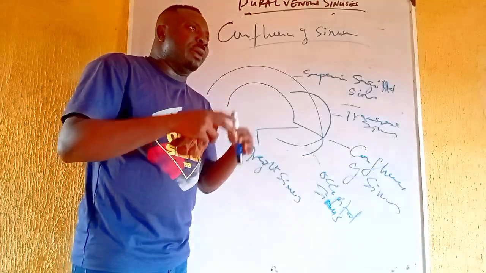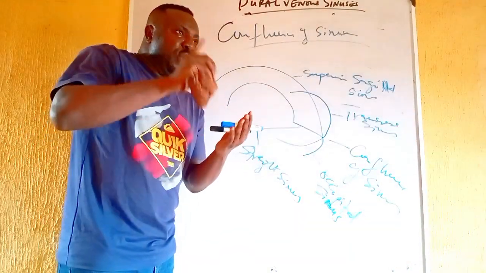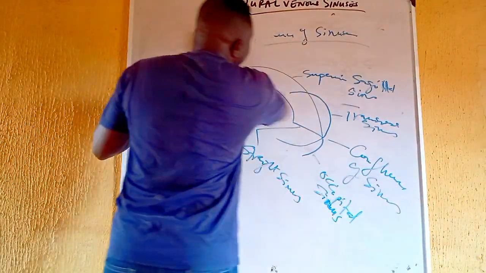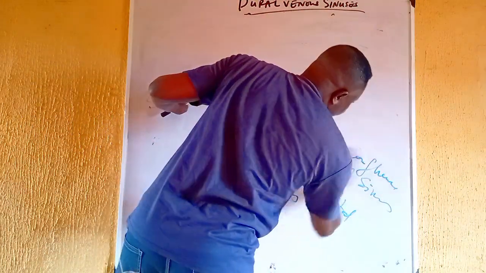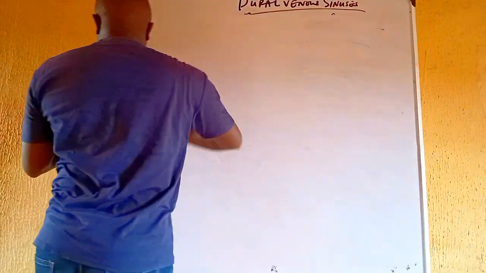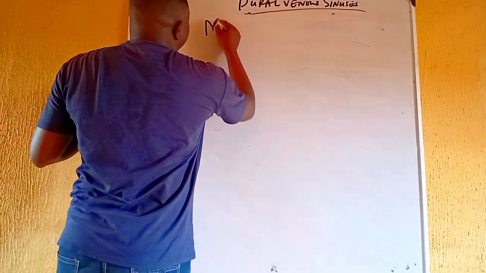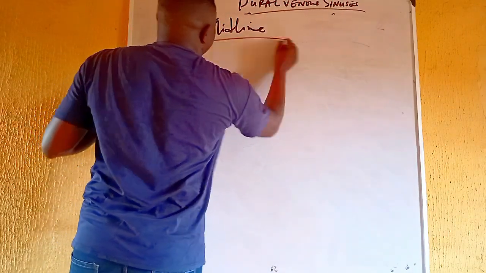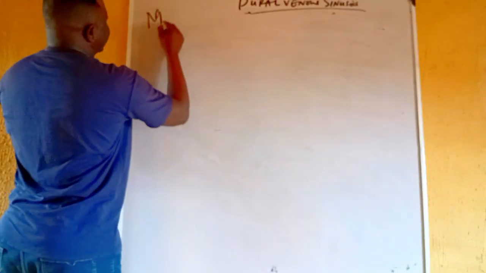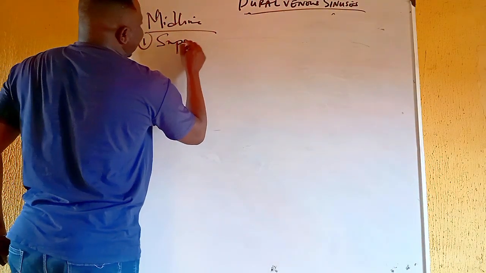So now let us categorize our sinuses into sinuses that lie in the midline, those that lie anteriorly, those that lie laterally and those that lie posteriorly. For the sinuses that lie in the midline, number one, we have the superior sagittal sinus.